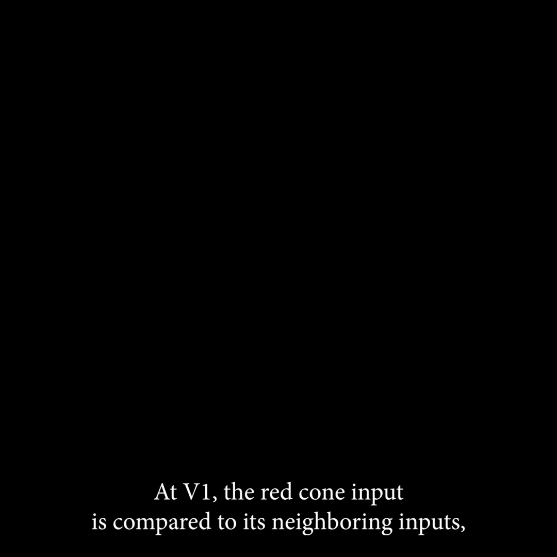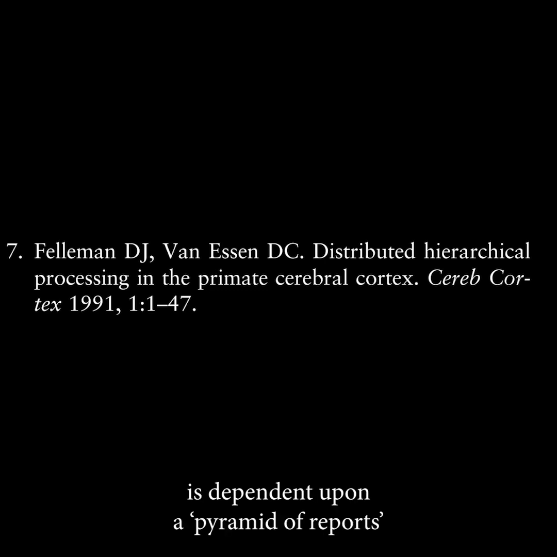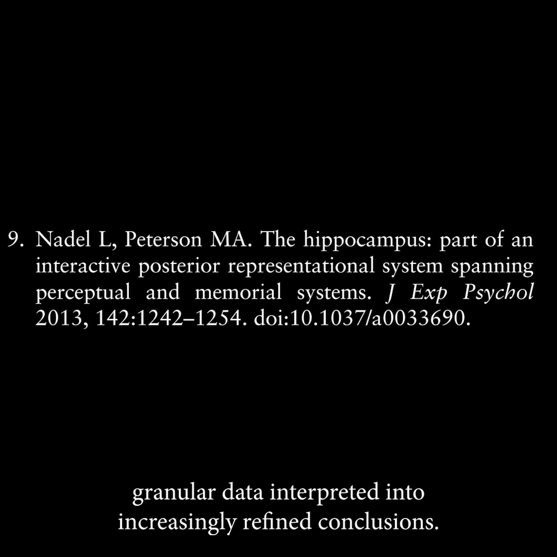V1. At V1, the red cone input is compared to its neighboring inputs, and the result is passed forward on the processing chain, giving rise to blobs, then edges, then shapes, and then eventually objects. Every perceptual subdepartment in the system is dependent upon a pyramid of reports from bottom-up sensory inputs, granular data interpreted into increasingly refined conclusions.